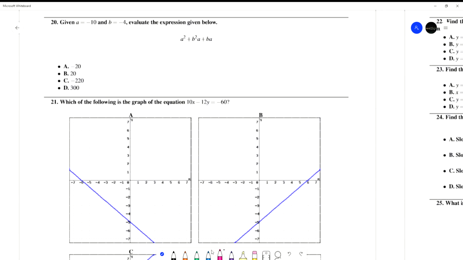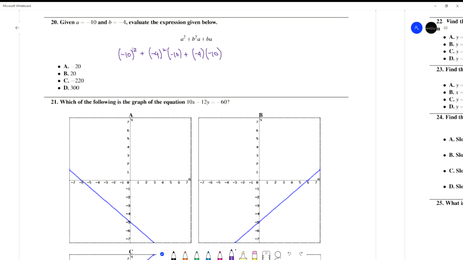Okay, number 20. We have to substitute these values in, right? So just be careful with the negatives. I like to use the parentheses, or you should, because that's the only way you can get it correct. Negative 10 in parentheses squared plus negative 4 in parentheses squared times negative 10 plus negative 4 times negative 10.